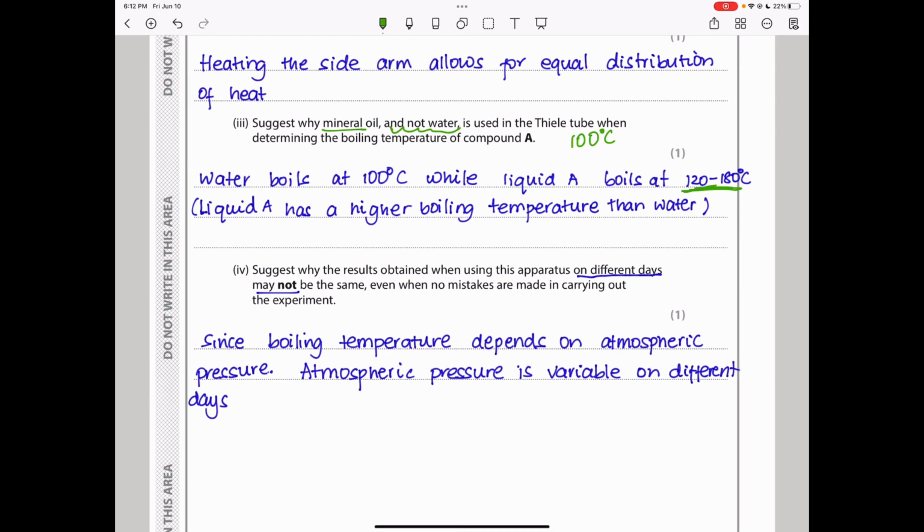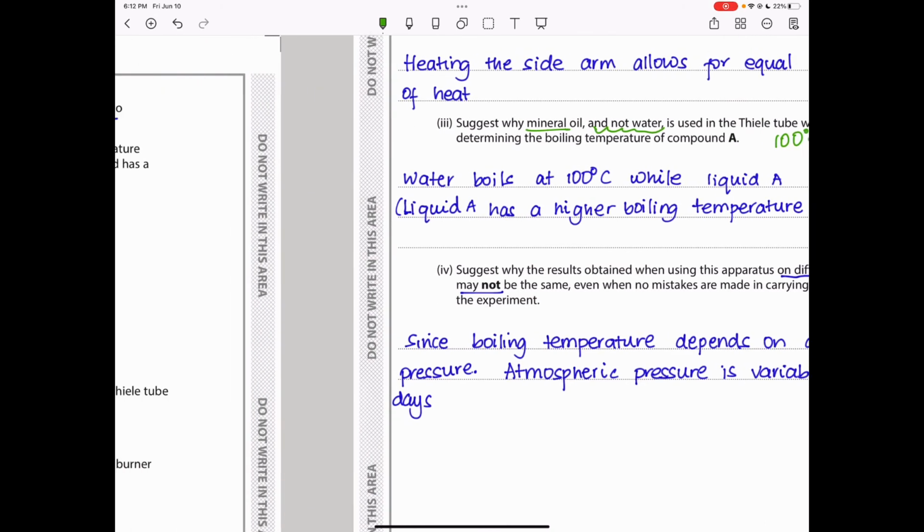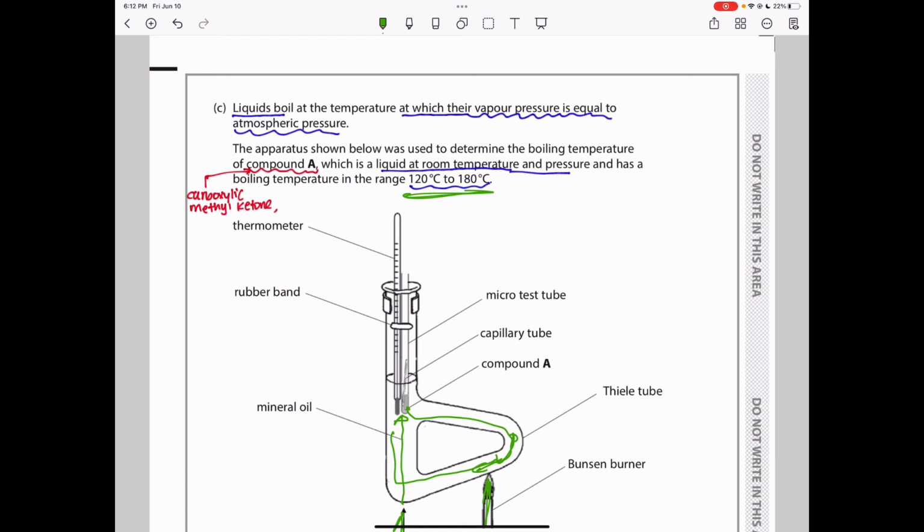Next part suggests why the results obtained when using this apparatus on different days may not be the same, even when no mistakes are made in carrying out the experiment. Again, I'm going to take you back to the beginning of this question. If you see this statement here, they say liquids boil at the temperature at which their vapor pressure is equal to the atmospheric pressure.